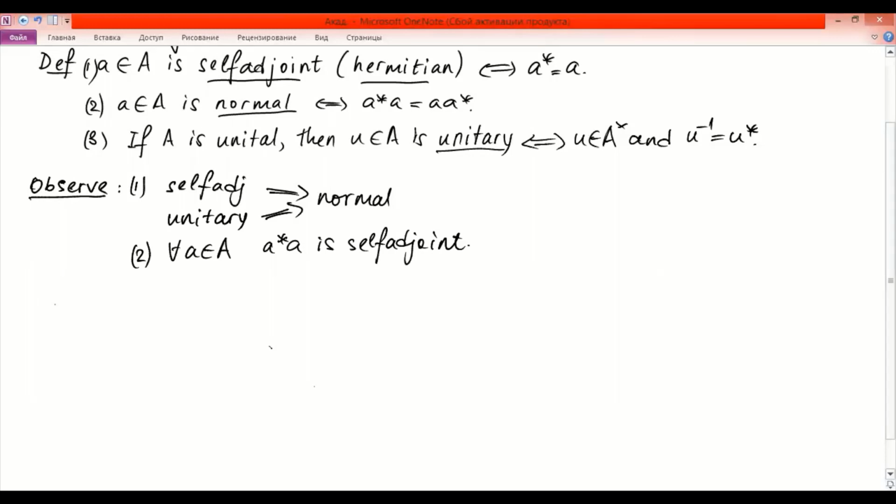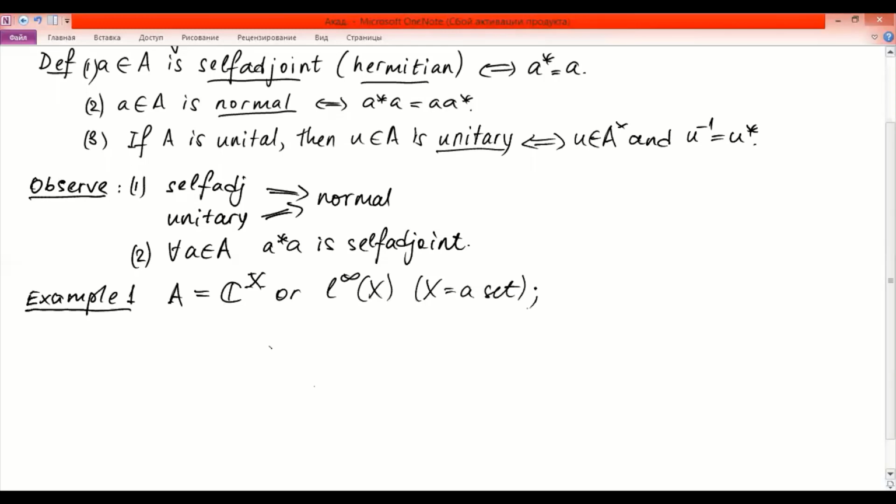So, example 1. Suppose that A is the algebra of all functions on a set X, or the algebra of bounded functions on X. So X is any set.